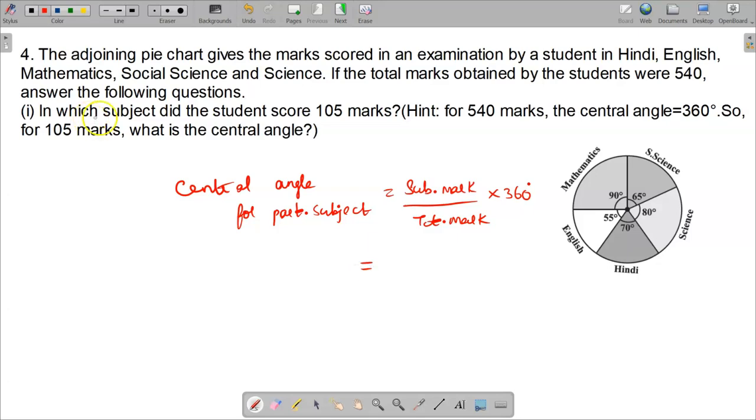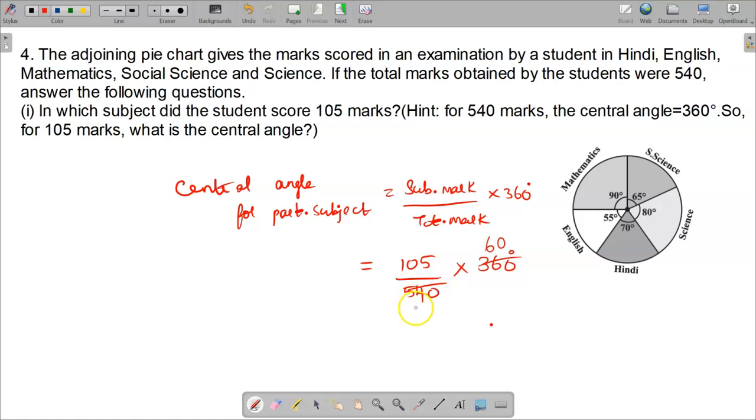So we know the student scored 105 marks in a particular subject, so that subject mark is 105. Put 105 here, and the total mark is 540, into 360 degrees. Using the 6 tables, 6 6s are 36, and you have 0.